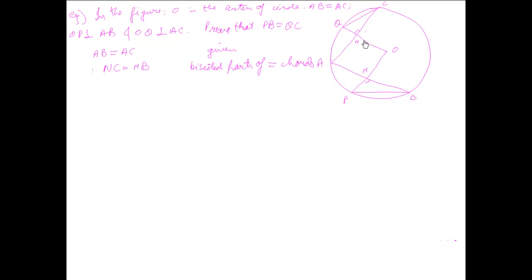Since children ON is perpendicular to AC, it bisects. So this part becomes equal to this and this becomes equal to this. And they are both equal to each other. So this part comes out to be equal to this part. Secondly, children, ON is equal to OM. Equal chords are equidistant from the center.